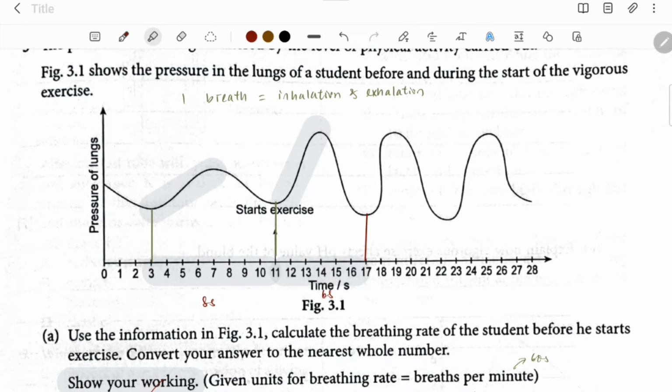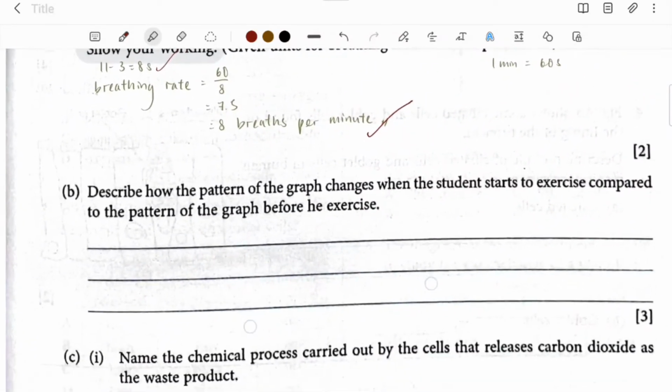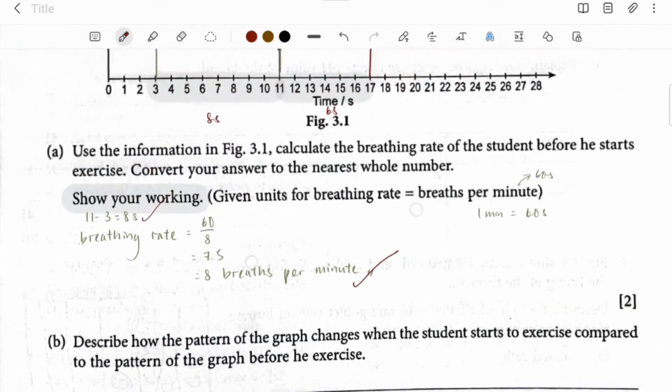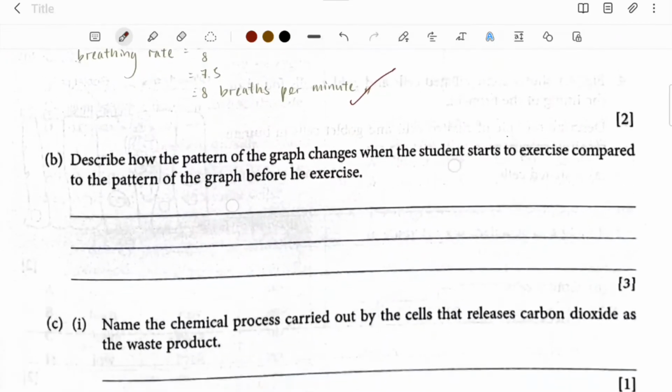So this one you have to write 3 points. You write about the first point, before exercise, how was the breathing rate, and then after they start the exercise, how was the breathing rate, and then what you notice from the graph.